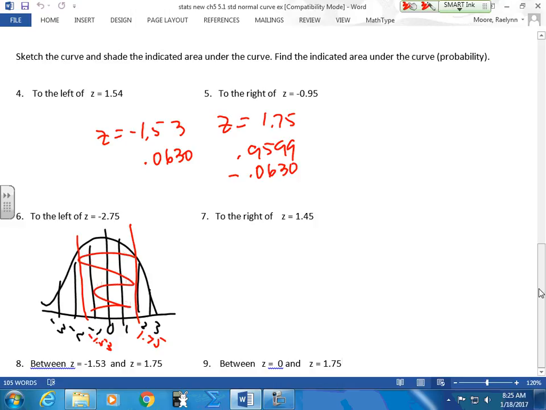Because this bigger one covers all of this, and this little one covers this. If I subtract that out, I'll be left with the guys in the middle. So when I subtract this out, I get 0.8969. And how close was Chris with 90%? Pretty spot on. So probability, Z is in the middle, negative 1.53 to positive 1.75.